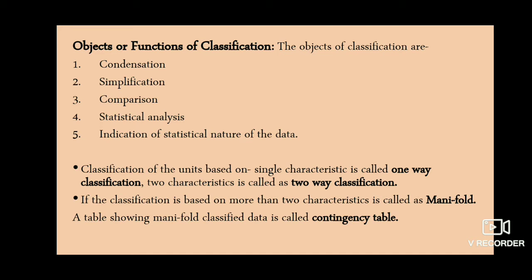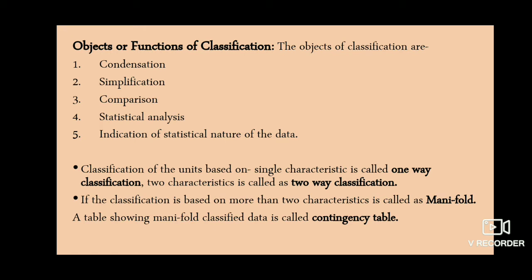Classification helps us to analyze the data and easily understand how the data has been classified and what types of tools are to be used. And the last objective is indication of statistical nature of the data. Classification permits better understanding of the nature of variation of various characteristics under the study.